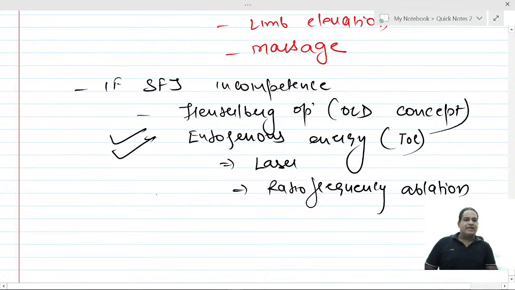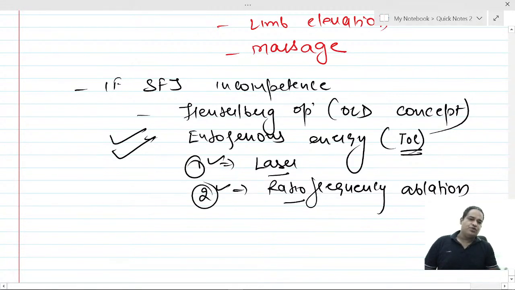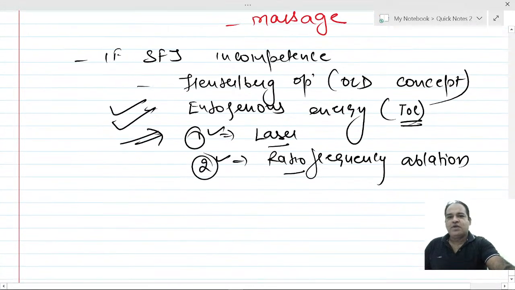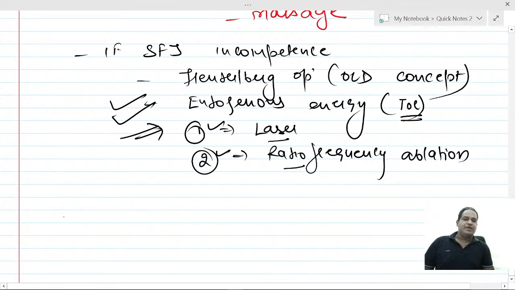If they ask you for one single treatment, you always go for the endovenous laser.